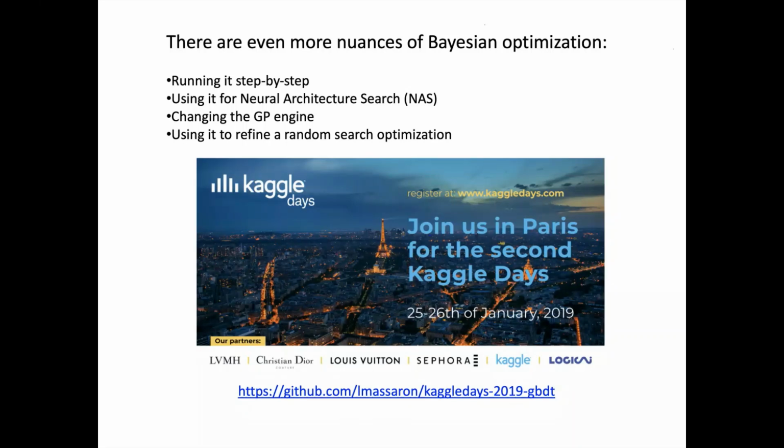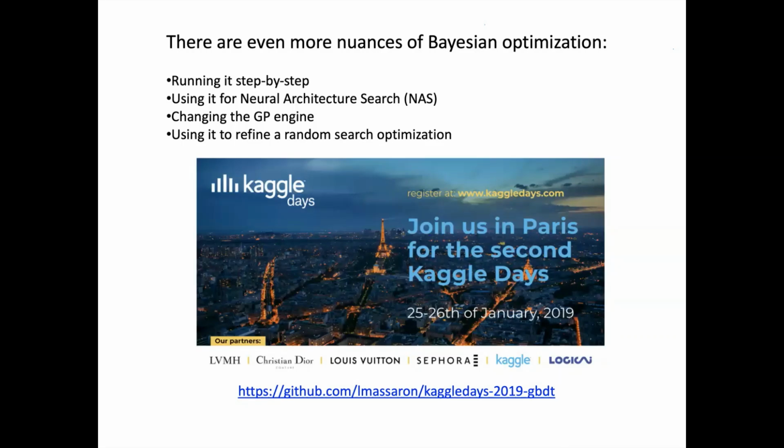So basically just be there, running each iteration of the algorithm by hand, by yourself, using it for neural architecture search, so also for deep learning, so optimizing your networks by using the same procedure, making some adjustment to the Gaussian process engine.